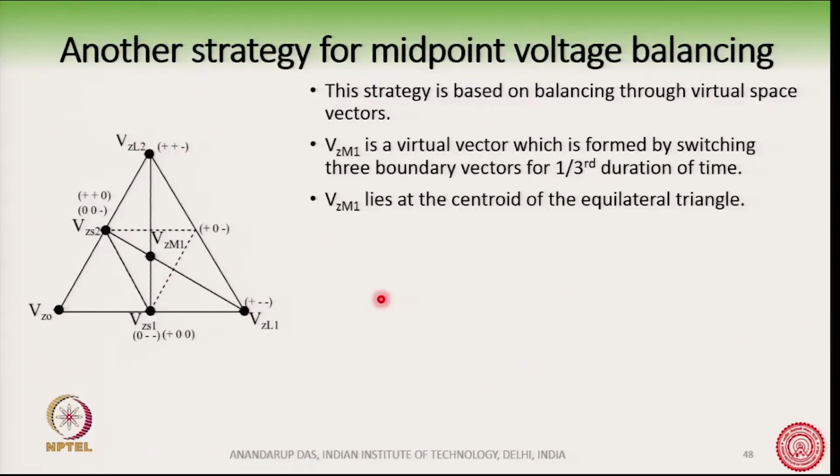So, therefore, this Vz_m1 which is shown here is a virtual vector which is formed by switching 3 boundary vectors like this one and this one. These 3 vectors can be switched for equal duration of time so as to produce this virtual vector Vz_m1, which lies at the centroid of the equilateral triangle.